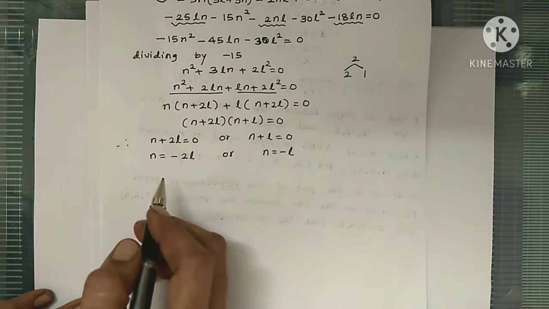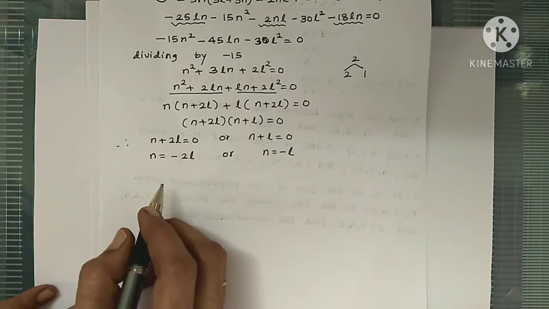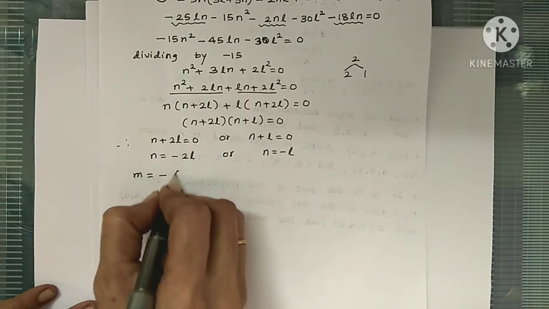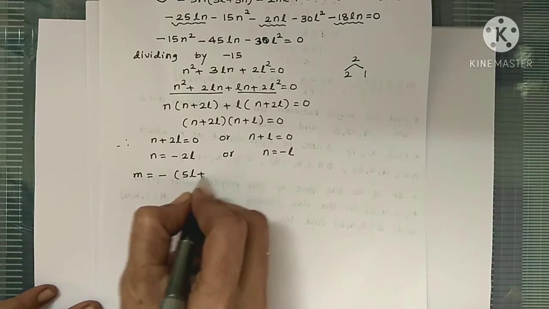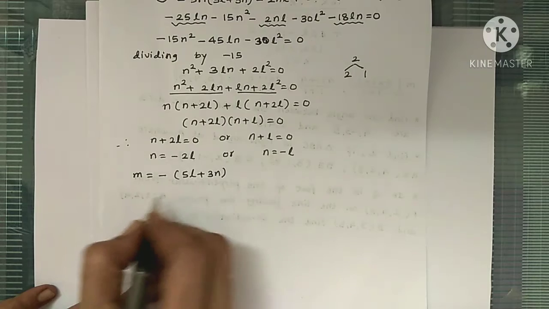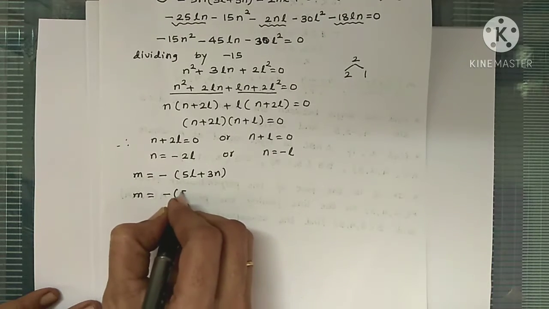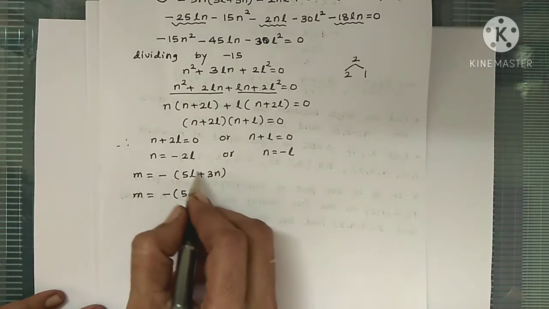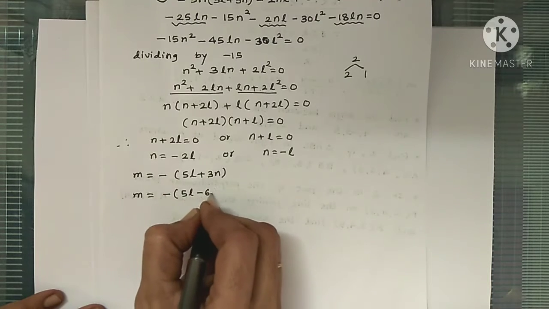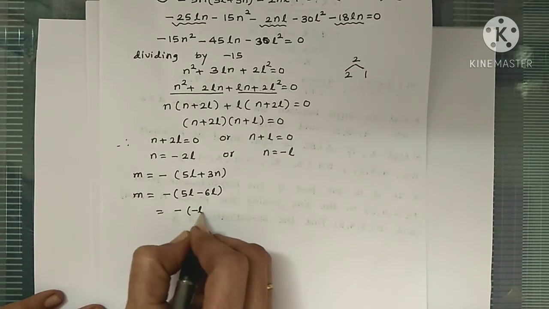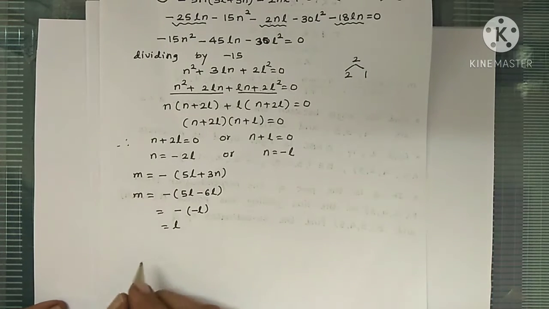Now substituting this value of n in the first equation, we can find m. What was m? m was -5l - 3n. So when n is -2l, it is -5l, 3 into n becomes -6l, so that is -l. So m is l.